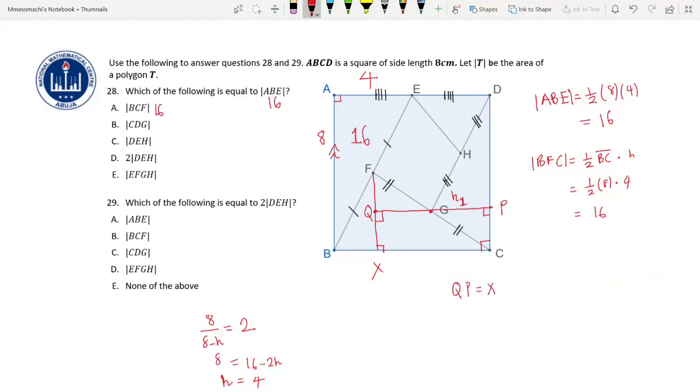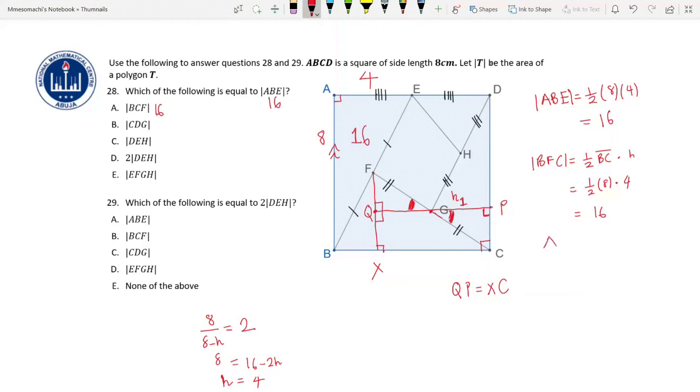is equal to XC. And from the same idea we used with similar triangles, we have that these two triangles here are going to be congruent. So that is, since this angle here is equal to this angle, this side length here is equal to this side length, and this angle here, which is 90 degrees, is equal to this angle here.